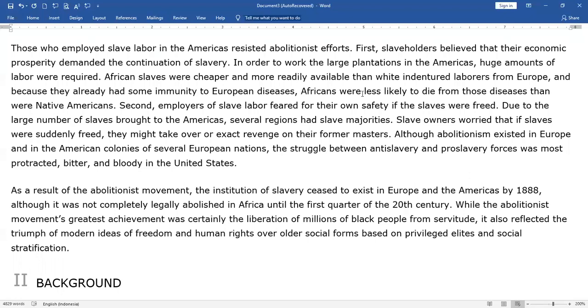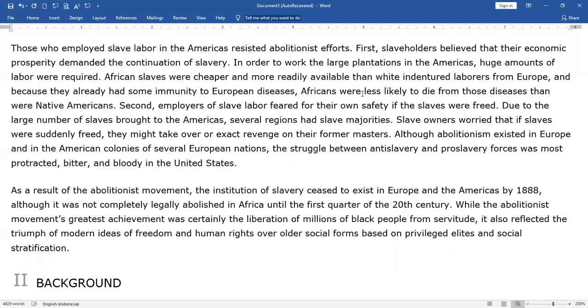Second, employers of slave labor feared for their own safety if the slaves were freed. Due to the large number of slaves brought to the Americas, several regions had slave majorities. Slave owners worried that if slaves were suddenly freed, they might take over or exact revenge on their former masters.